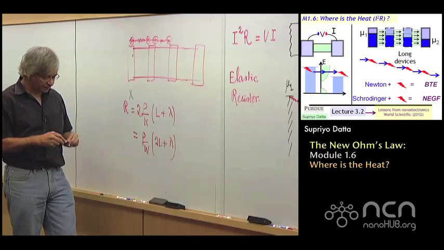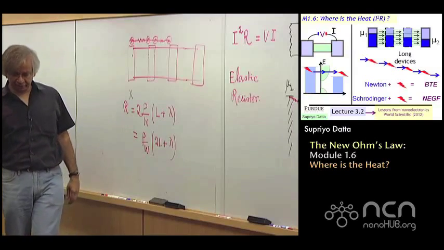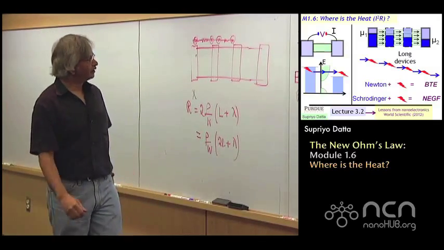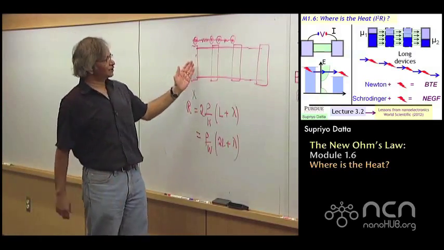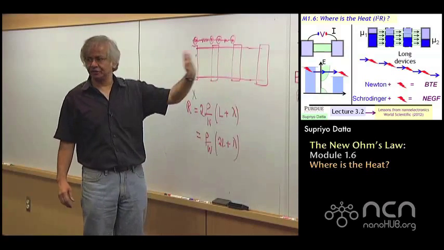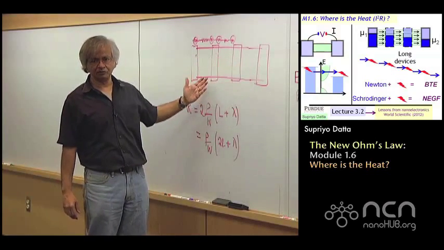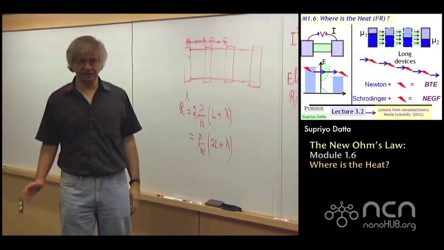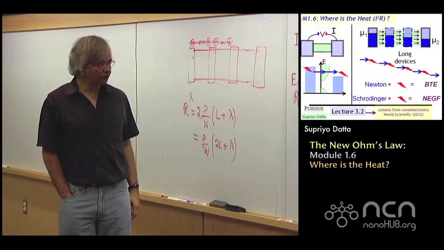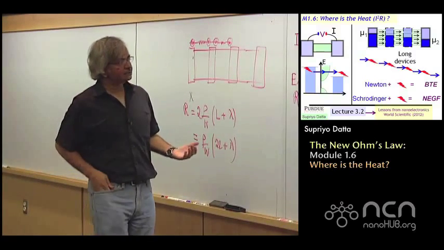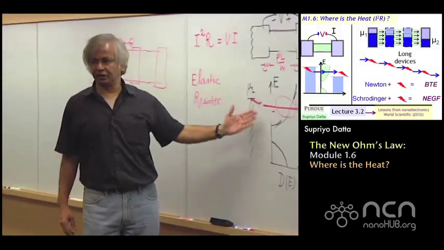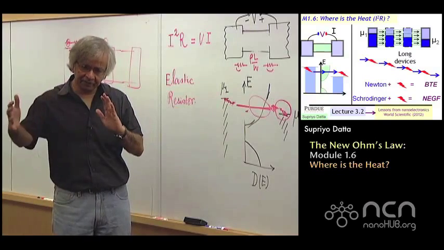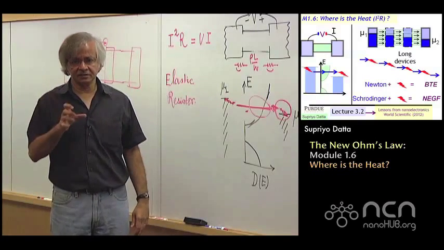Anyway, this is the important conceptual point that 20, 30 years ago wasn't at all clear, which is why if you tried to think of big conductors as lots of little things in series, you'd get very confused, because you wouldn't know how to use that viewpoint. But now that people understand this interface resistance clearly, it is possible to use this viewpoint of small conductors, these elastic resistors, and think of a big conductor as lots of these in series.